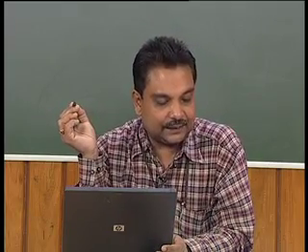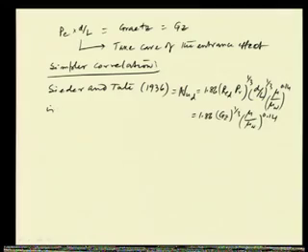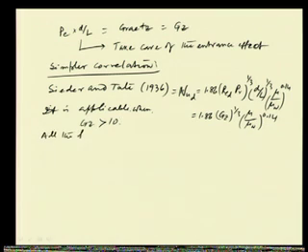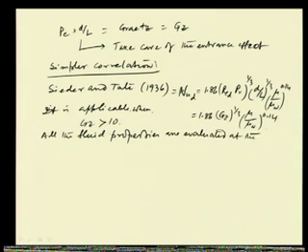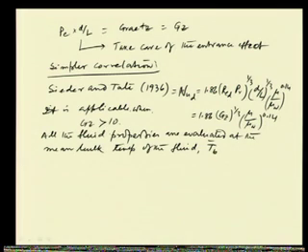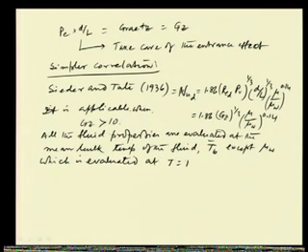Now, what are the restrictions for these cases? This relationship is applicable when, as I said, the Graetz number is greater than 10, and all the fluid properties are evaluated at the mean bulk temperature of the fluid, as I told previously, that is T_B bar, except mu_W, which is evaluated at T equals T_W, the wall temperature.